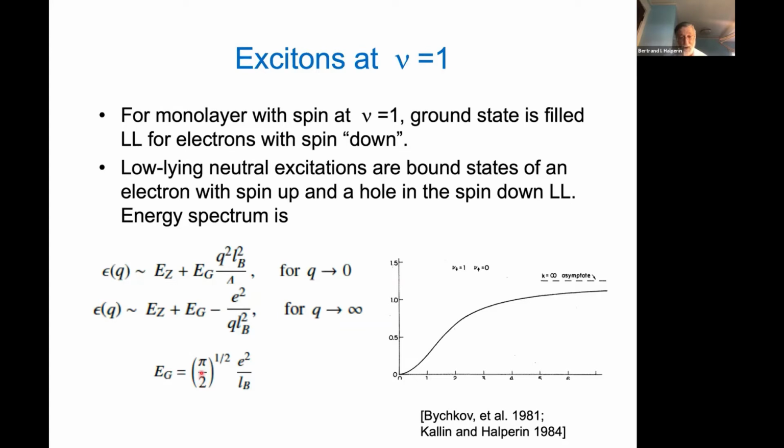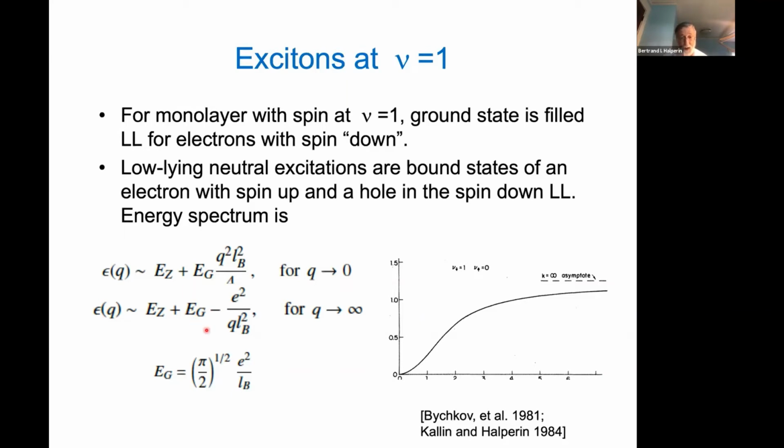It's given by the square root of pi over 2 times this unit, E squared over LB, for pure Coulomb interactions. We can understand this because, as I told you last time, and I think it was also mentioned this morning, when you have a neutral exciton, a bound state of an electron and a hole, the dipole moment is just proportional to the wave vector Q, but perpendicular to it.